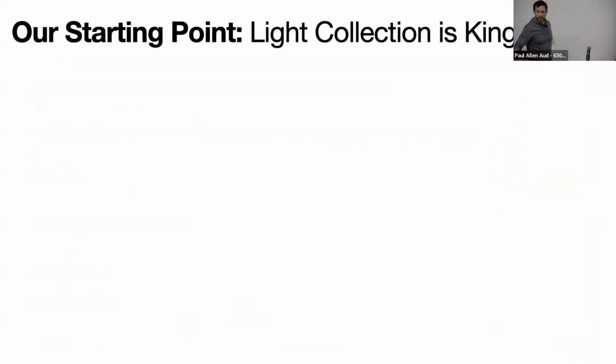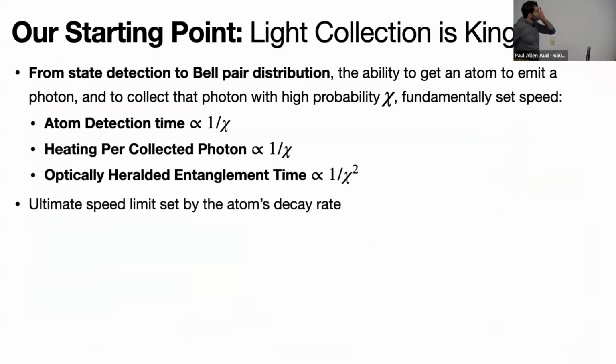The science is sort of built around this idea that light collection is king. From detecting the state of an atom to Bell pair distribution, we really care about what fraction of the light an atom emits we're collecting. Our detection time scales inversely with our collection efficiency. Our heating per collected photon scales inversely with that collection efficiency.